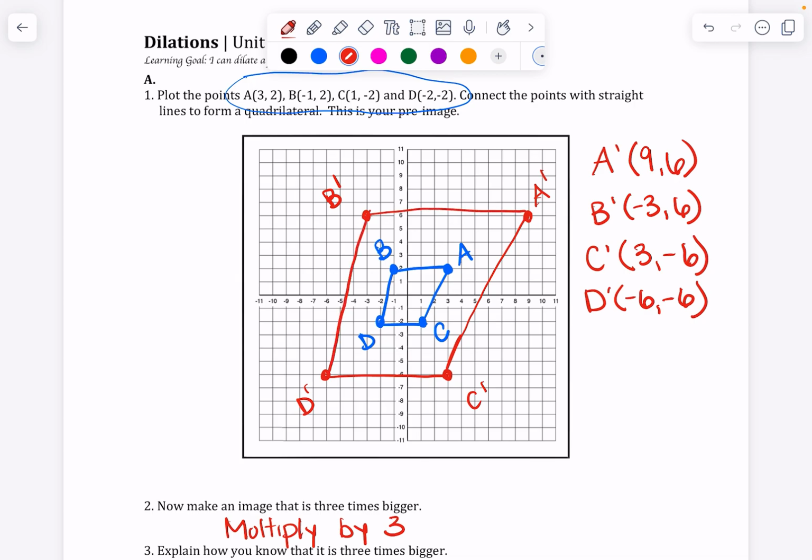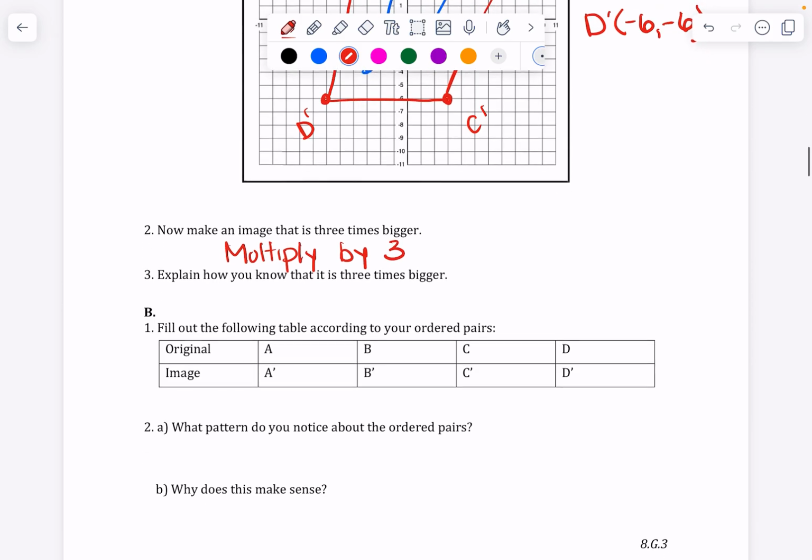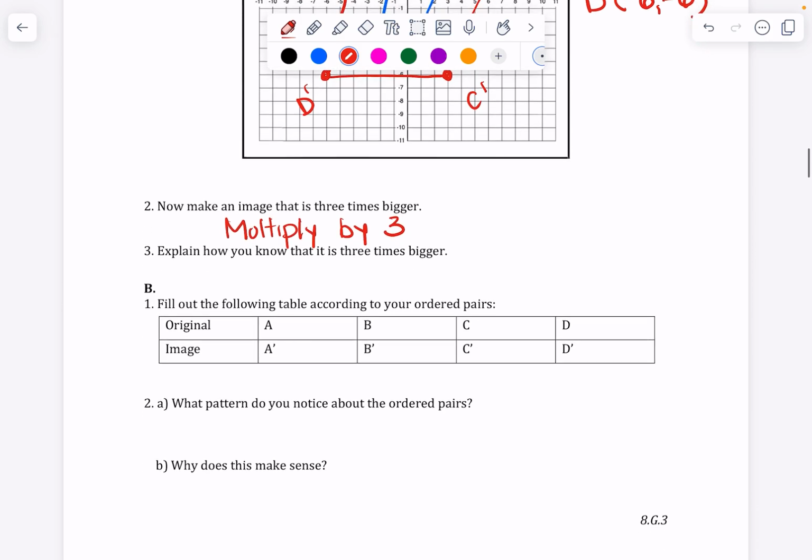Okay, so you can see that they're the same shape, just different sizes. So the new one is 3 times bigger than the original one. Okay, so how do you know that it's 3 times bigger? Well, if you measure, all the side lengths are 3 times longer.